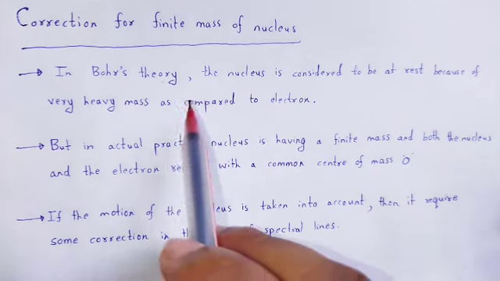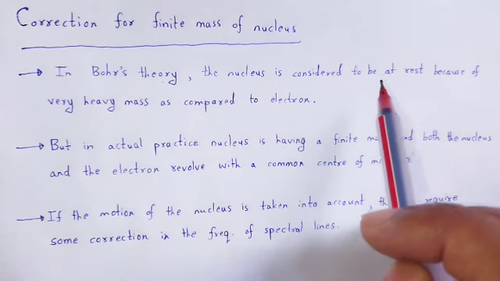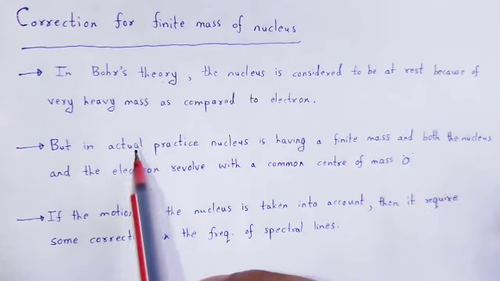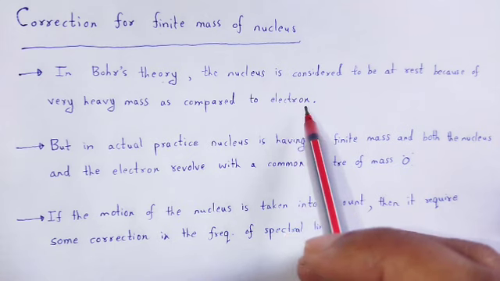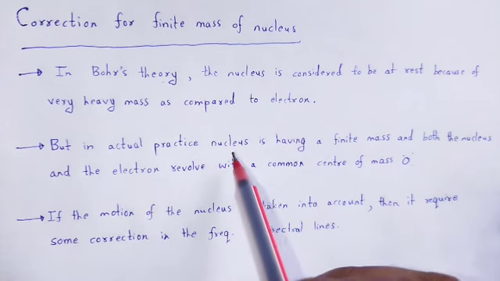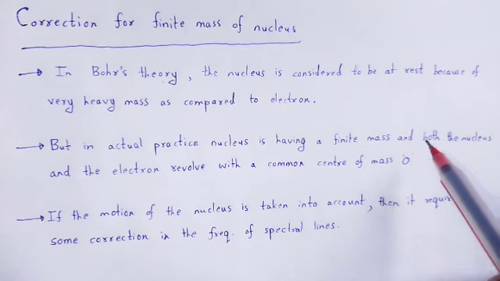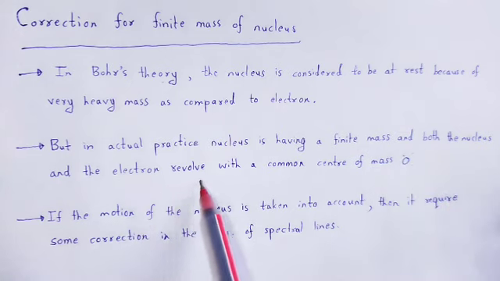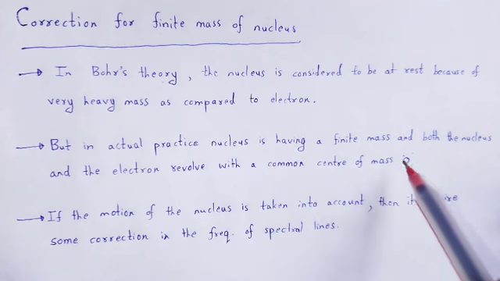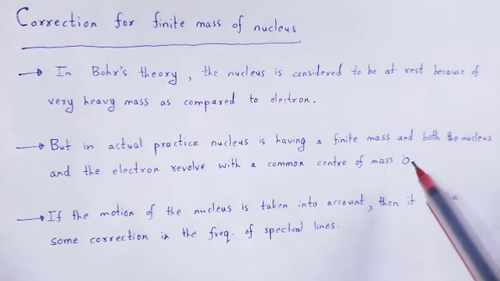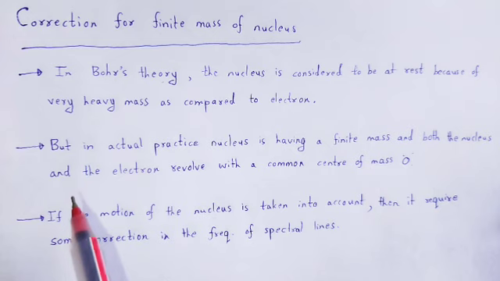In Bohr's theory, the nucleus is considered to be at rest because of its very heavy mass in comparison to that of the electron, but in actual practice the nucleus has a finite mass, and both nucleus and the electron revolve about a common center of mass at point O. If the motion of the nucleus is taken into account, then it requires some correction in the frequency of spectral lines.